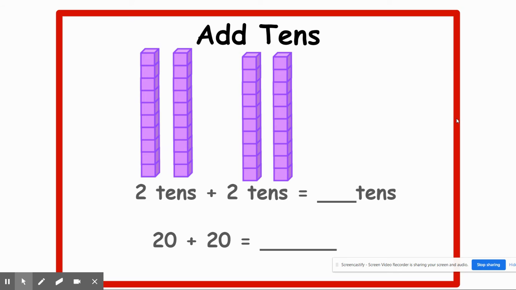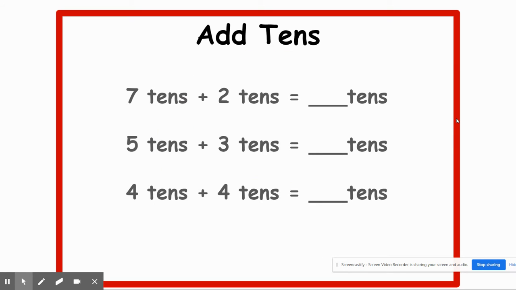Next, 2 tens plus 2 tens, or 20 plus 20. Find the solution for both. 2 tens plus 2 tens equals 4 tens, and 20 plus 20 equals 40.